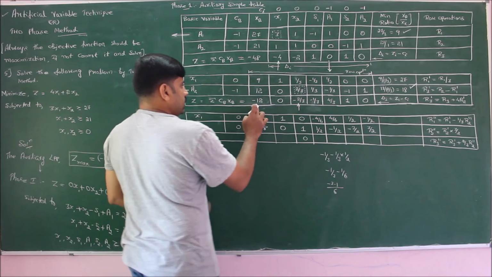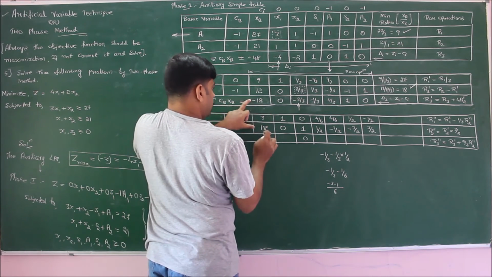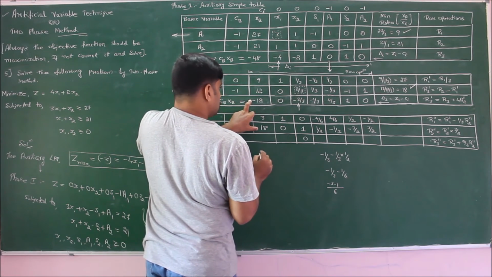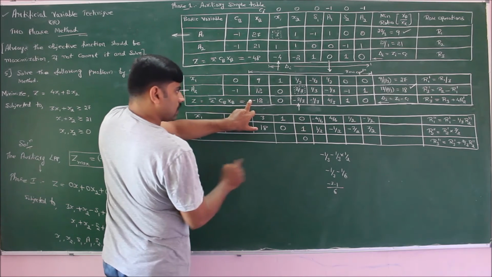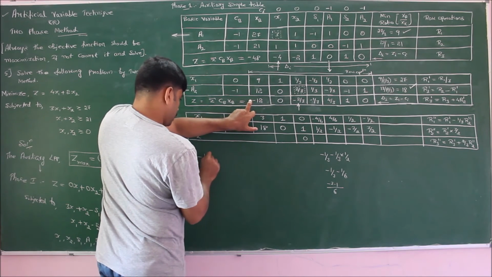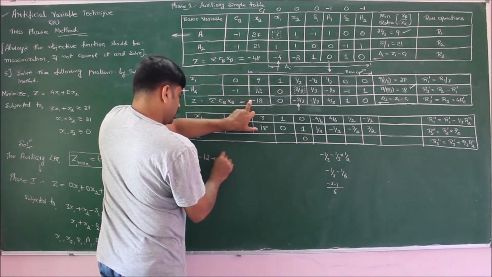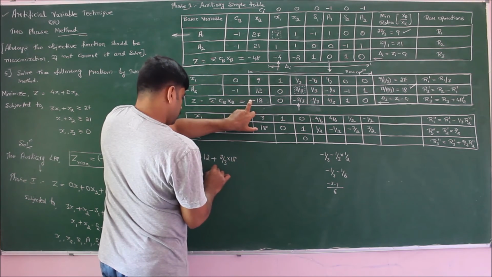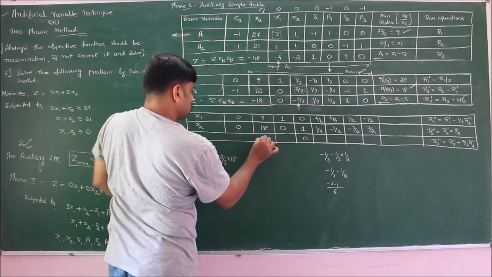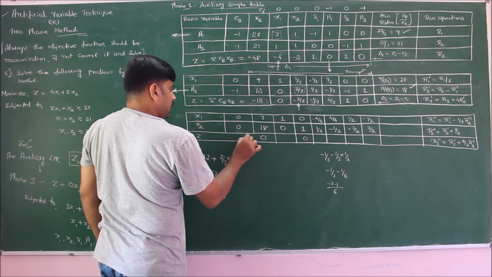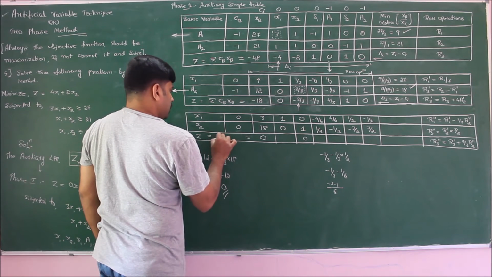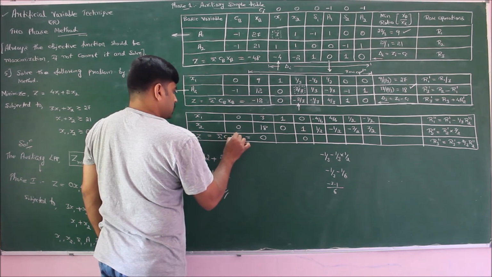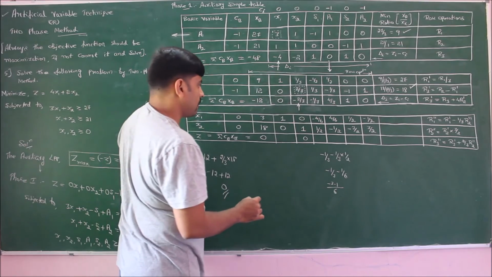Next, here I have minus 12, here I have 18. So therefore, coming for row 3, minus 12 plus 2 by 3 times 18, which is equal to minus 12 plus 12, that is 0. That is what I will get from summation of CB XB also.